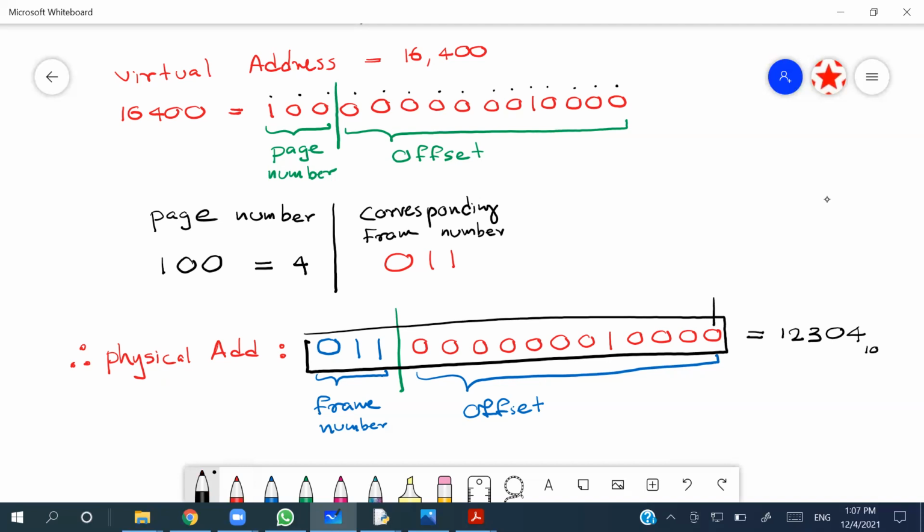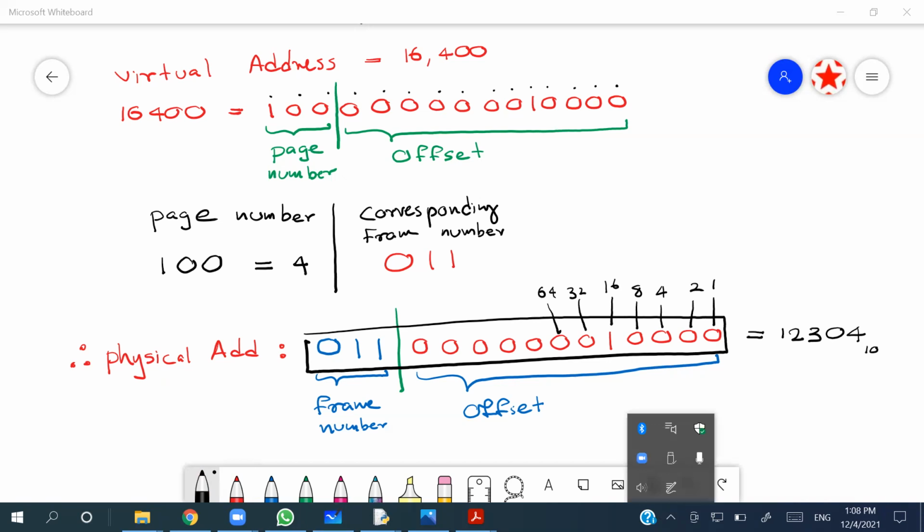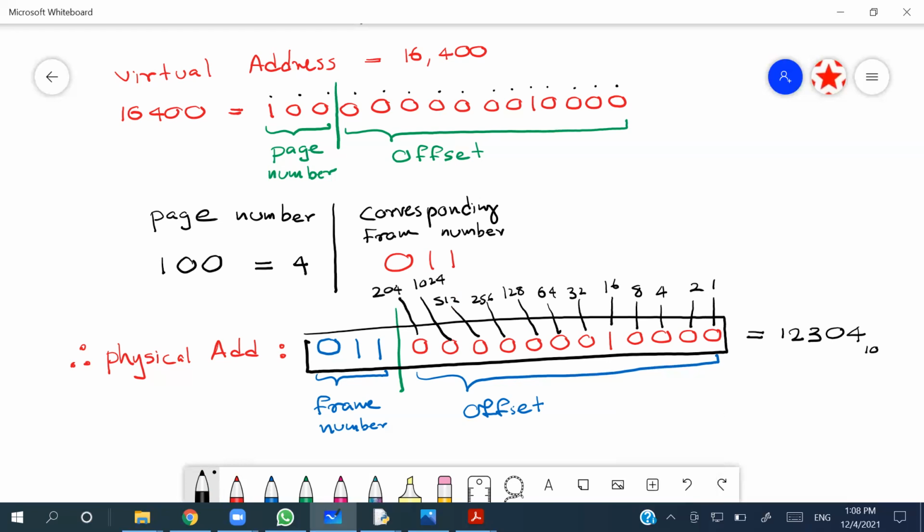So Divyangana, it's as simple as this. I'm taking the place values of these. So it is 1, 2, 4, 8, 16, 32, 64, 128, 256, 512, 1024, 2048, 4096, and this one has 8196.